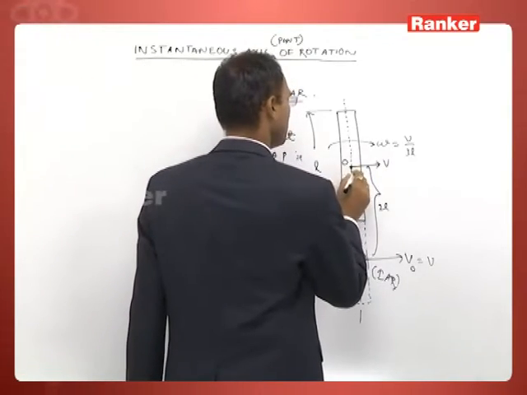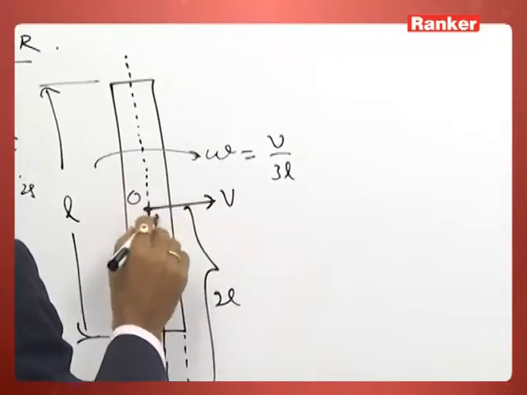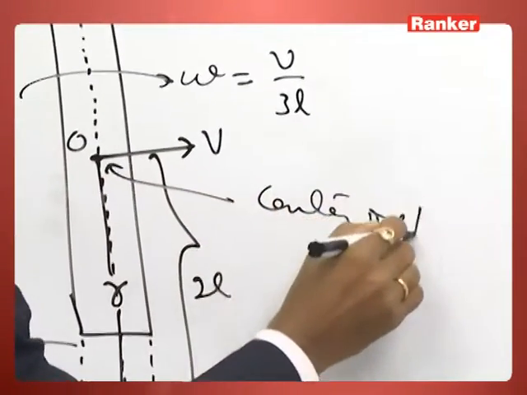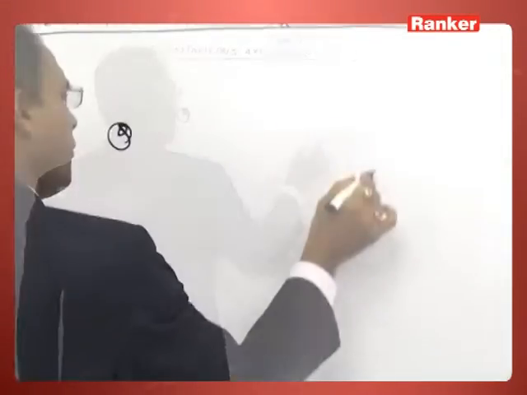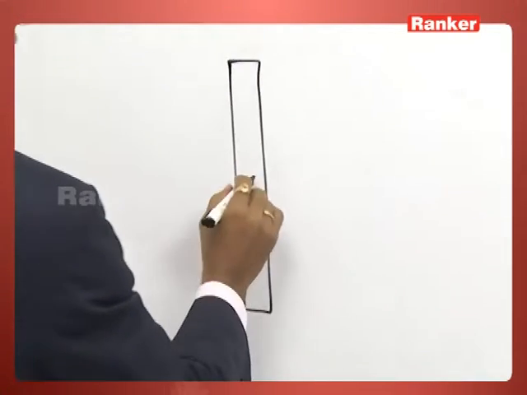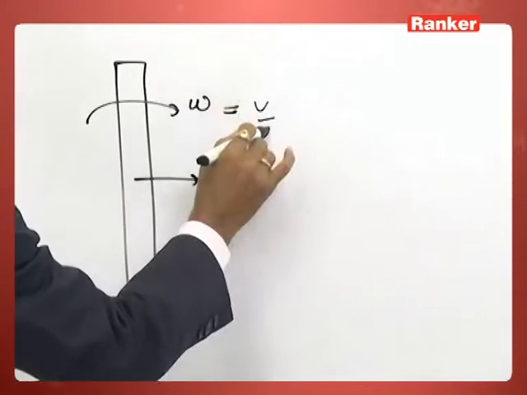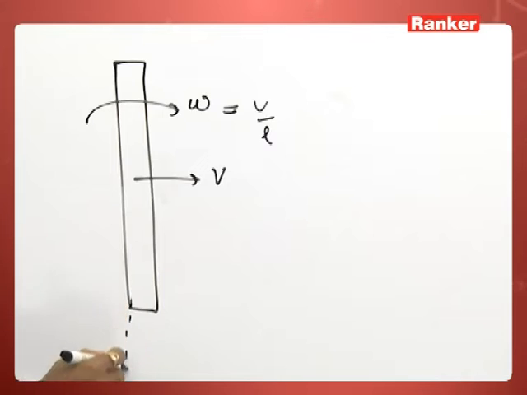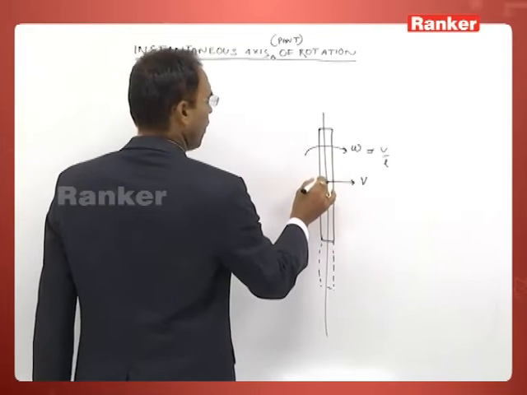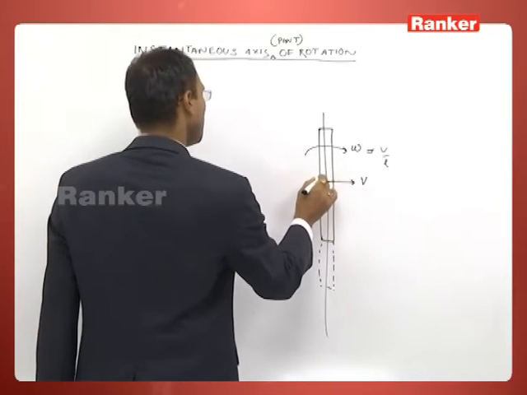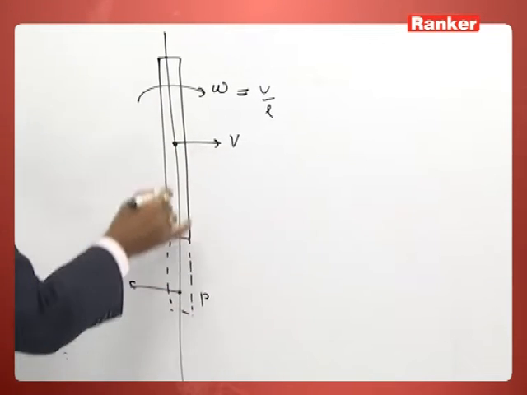If O is the center of the rod, in the previous example, if we change the parameter, suppose omega is equal to V by L, extend the body, draw a perpendicular onto this velocity vector, take a point P on the extended body.